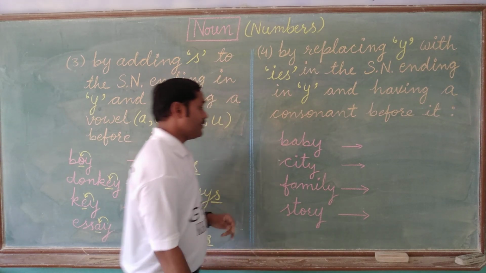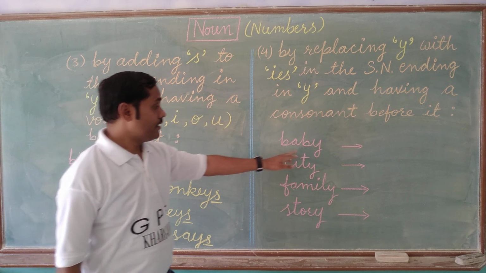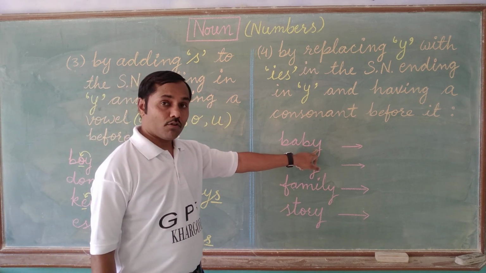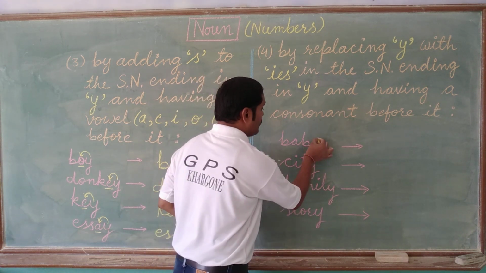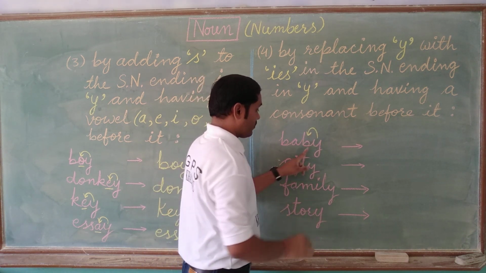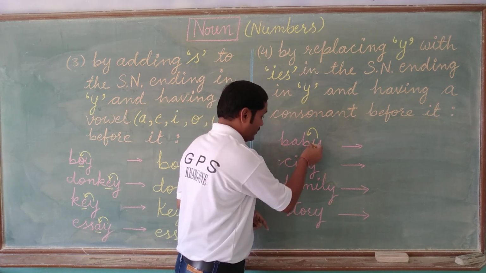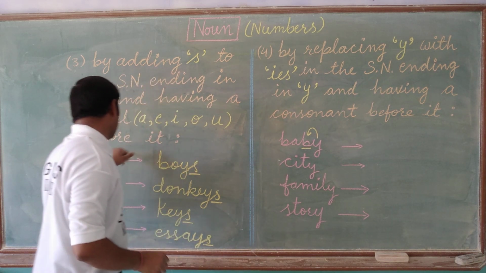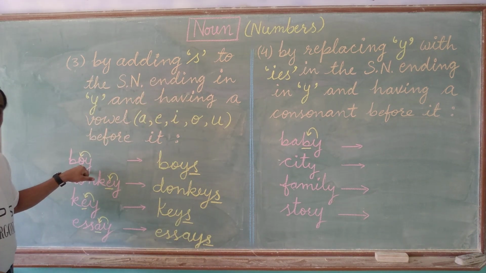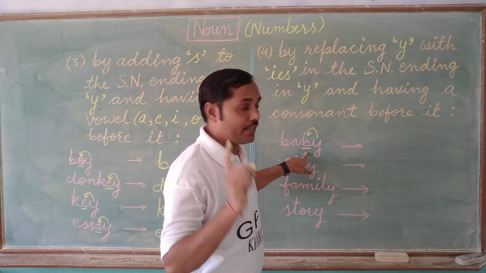Baby. The situation is something different from here. This spelling is also ending with Y, but this time we have a consonant. Here we are having a vowel, but here we are having a consonant. So what we need to do?